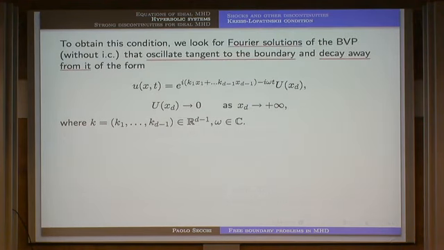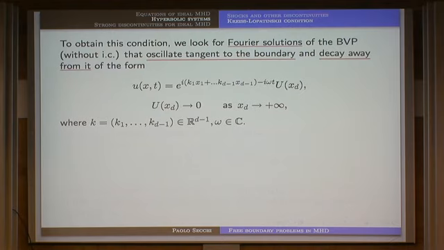So to obtain this condition, we look for Fourier solutions of the boundary value problem of the differential equation plus boundary conditions without initial condition. We extend time from minus infinity to plus infinity. So Fourier solutions that oscillate tangent to the boundary and decay away from the boundary, of this form. So here there is an exponential with i, the imaginary unit, times the space variable from x1 to x_{d-1}, with these coefficients, and here also minus i omega t.